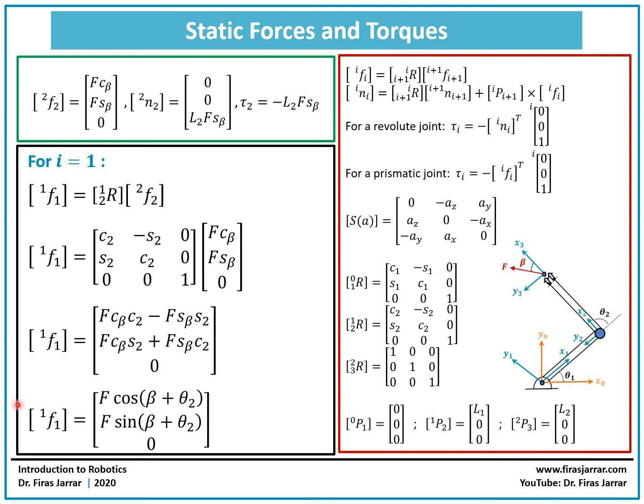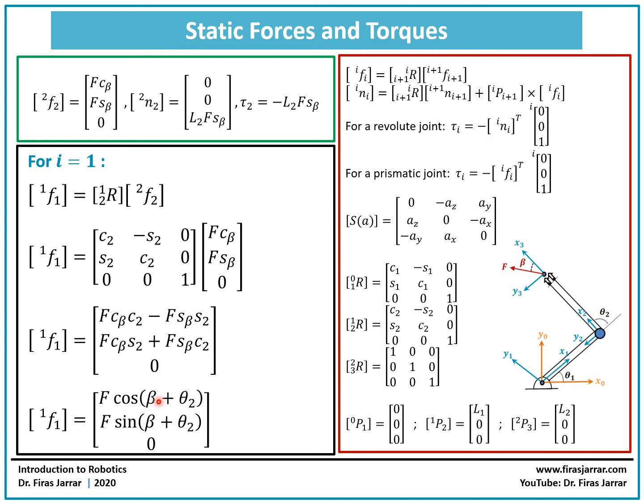So now this is the force acting at joint 1 here. It also makes sense if you think about it. We have this force vector moved here, and we have both of its components now in this coordinate system.